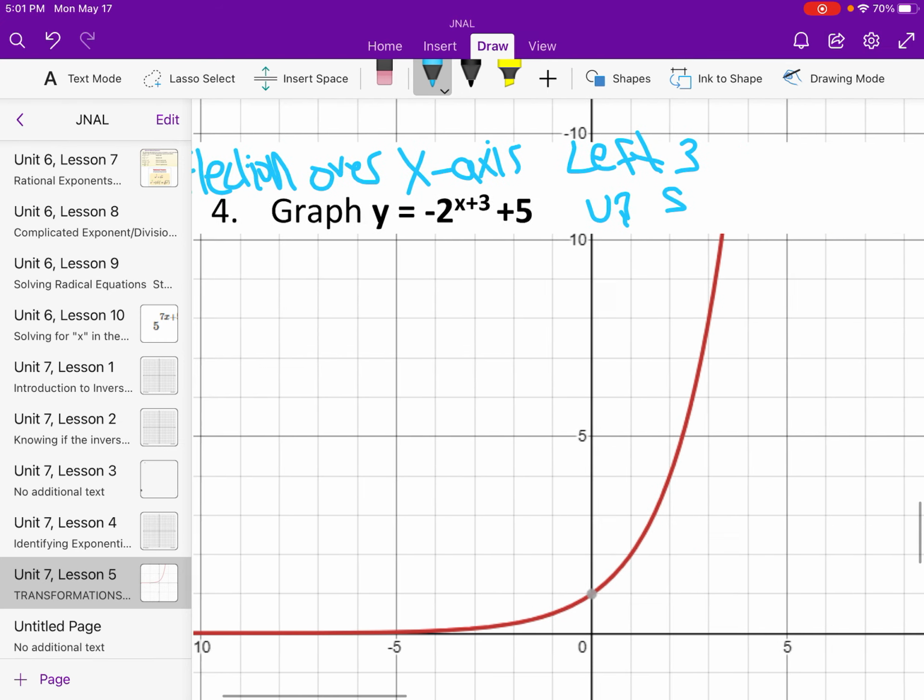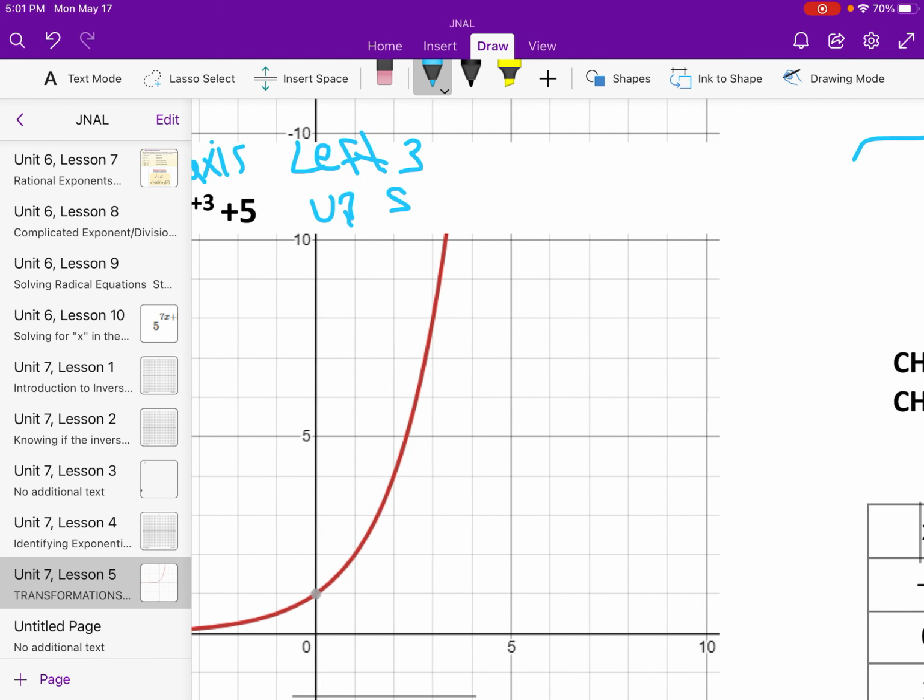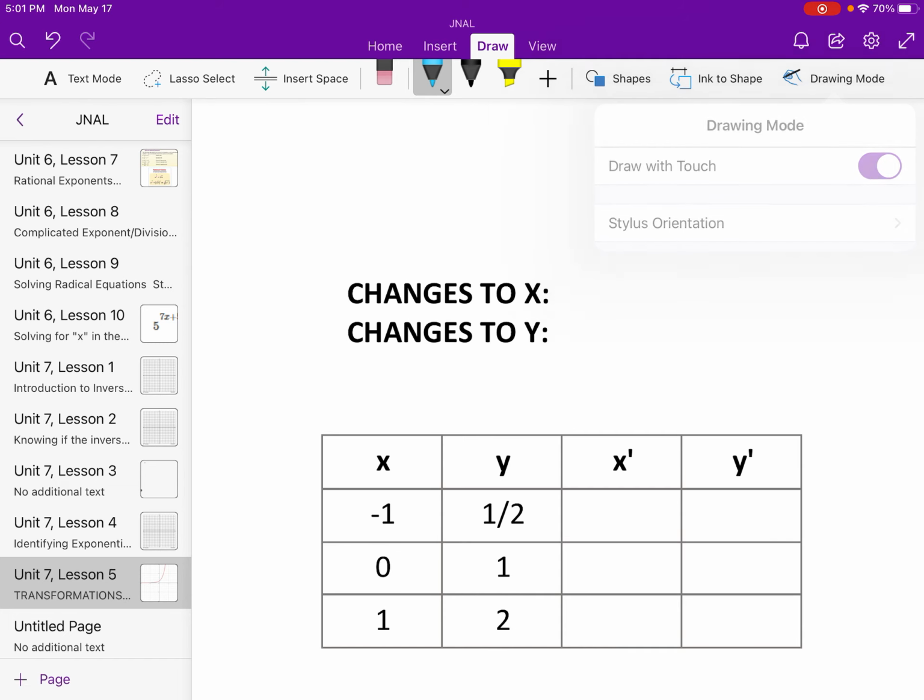So we need to see our changes here. First we need to make our y's negative. Y is negative, then you need to add 5 to them. And you just need to subtract 3 from x.